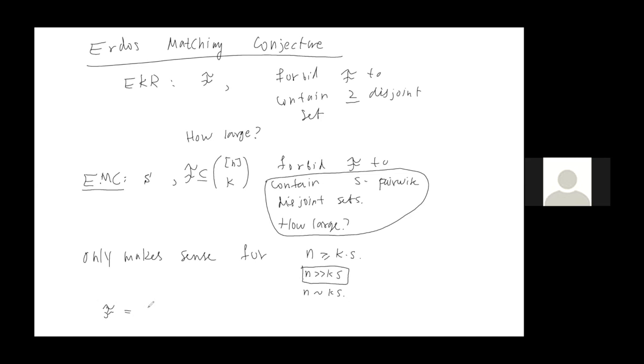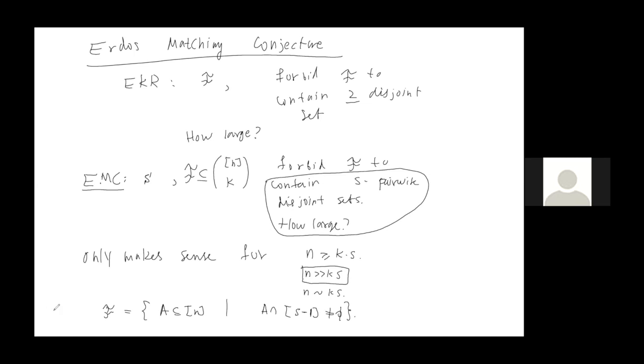You look at the family F of all the subsets that contain at least one of the first S-1 elements. And then if you look at any S sets, by pigeonhole, at least two of them will contain the same element from S-1. So it will contain no such configuration.